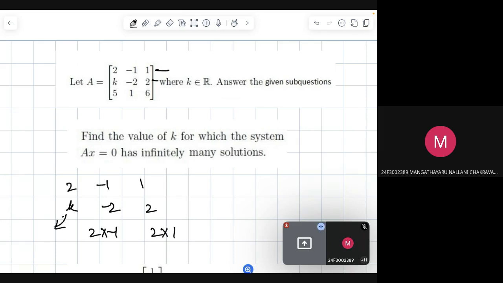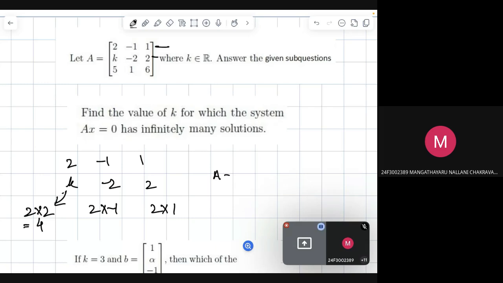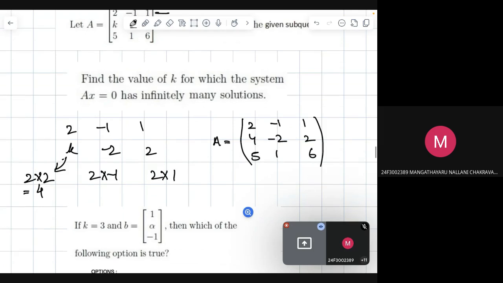So if we take k as 2 into 2, that is 4, then our matrix will be 2 minus 1 1, 4 minus 2 2, 5 1 6, and when we apply a row operation like r2 minus 2 r1, it will become 2 minus 1 1, 0 0 0, 5 1 6.